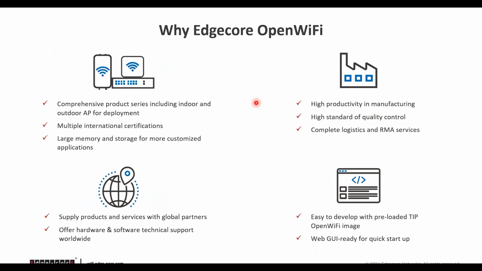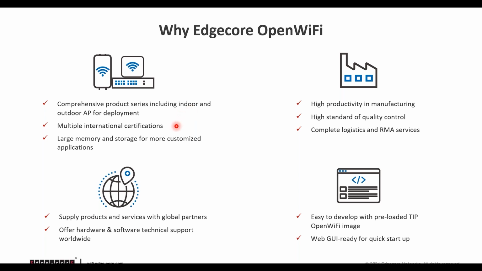Okay, then why Edgecore? Because there are still a lot of different certified vendors. I will just summarize in 4 reasons. Okay, the first one is Edgecore continues to contribute indoor and outdoor access points of Wi-Fi 6 or Wi-Fi 6E standard. And before Edgecore contributes, we already apply for international certifications.